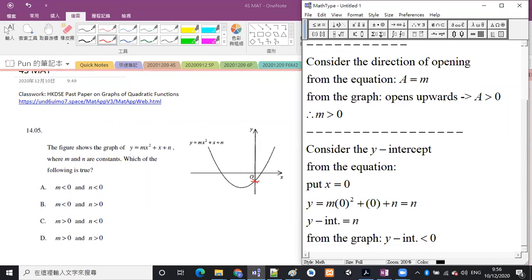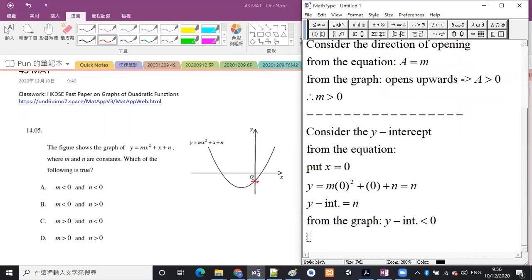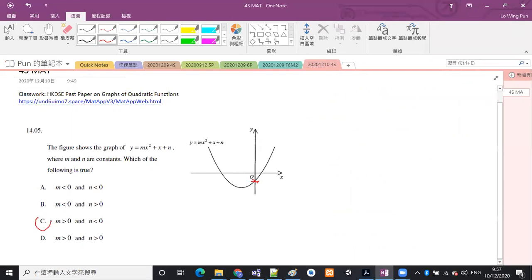So we have got information from the graph that the y-intercept is less than 0, and from the equation that the y-intercept is equal to n. Then we can combine the two and conclude that n should be less than 0. Combining the two results, m is larger than 0 and n is less than 0. So the answer should be option C.